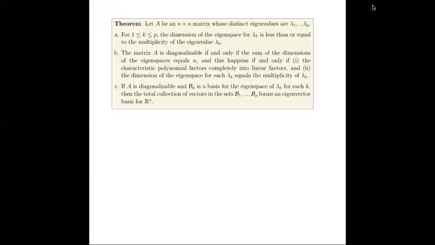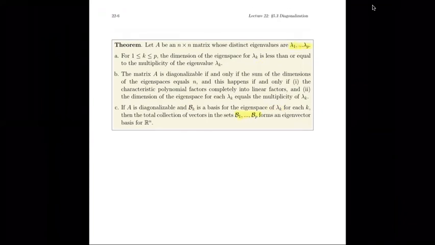Now, the last statement C is: if A is diagonalizable and B_k is a basis for each of our eigenspaces, so if we write down all of our bases for all of our eigenvalues, then all these bases together should form an eigenvector basis for R^n. Well, that's hardly different than what we've been saying.